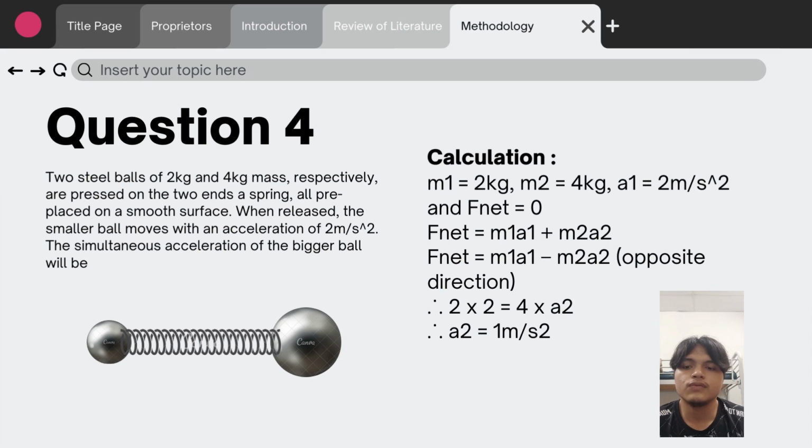Next, for question 4, two steel balls of 2 kg and 4 kg mass respectively are pressed on the two ends of a spring, all placed on a smooth surface. When released, the smaller ball moves with an acceleration of 2 meters per second squared. The simultaneous acceleration of the bigger ball will be.